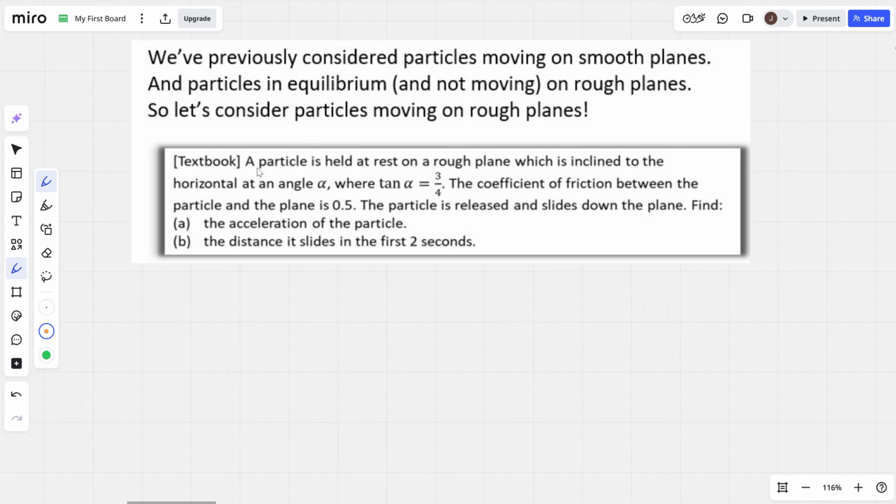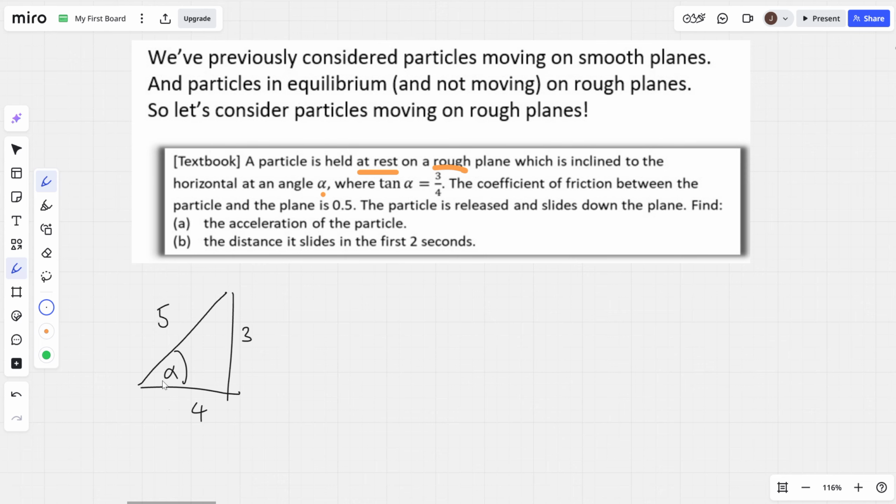So in this case, we have a particle held at rest on a rough plane, so there's friction, which is inclined at an angle, and we've got one of these again where we don't get told the angle directly, but we've got a situation where tan alpha is opposite over adjacent, so 3/4.